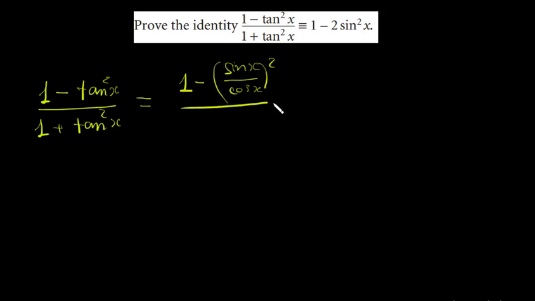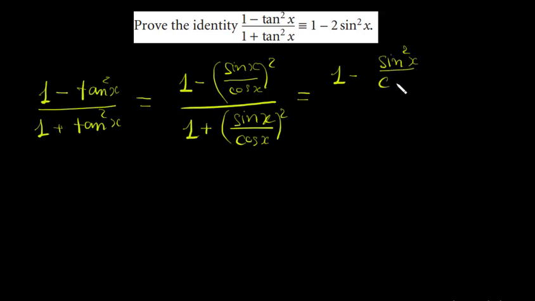So we have 1 minus sine x over cos x, squared, over 1 plus sine x over cos x, squared, which is equal to 1 minus sine squared x over cos squared x, over 1 plus sine squared x over cos squared x.